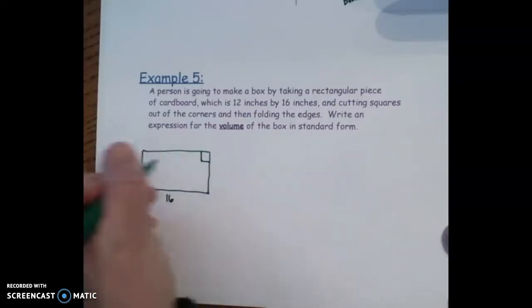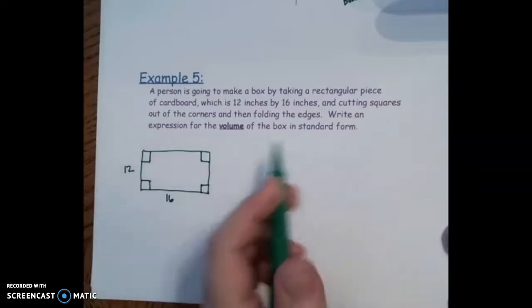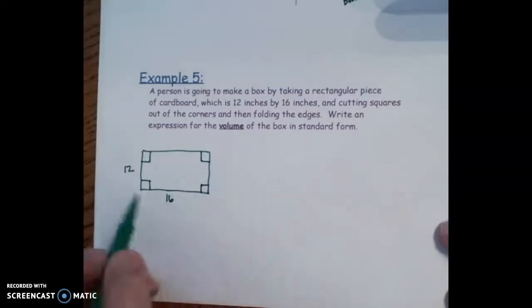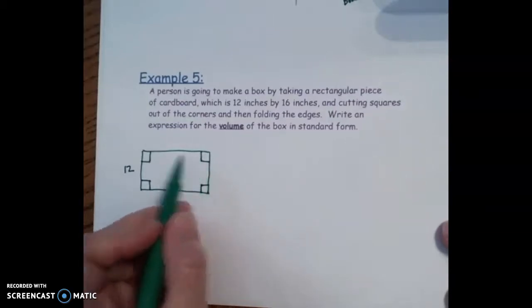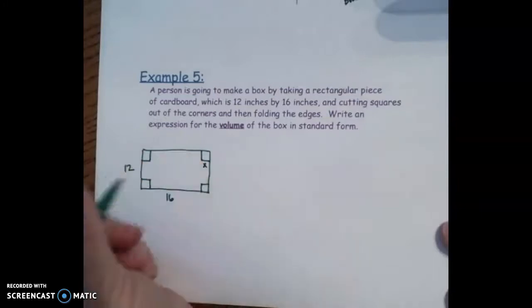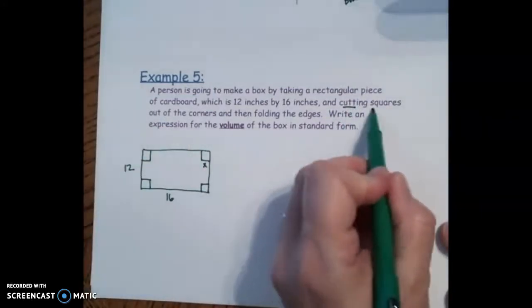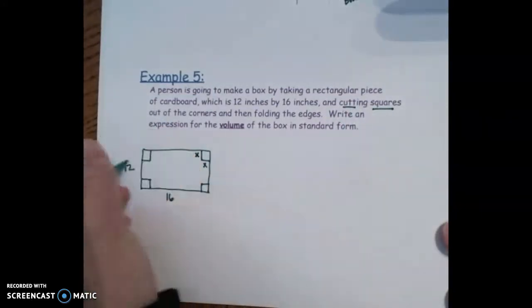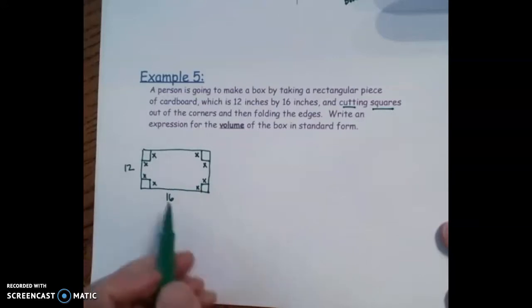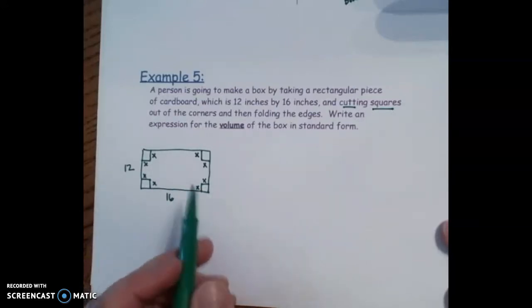So we're going to cut squares in all 4 corners. Write an expression for the volume of the box in standard form. So they didn't tell me how much we're cutting in on each corner. So I'm going to call this x, and it tells you they're cutting squares, so I know the dimensions of that is x by x basically.